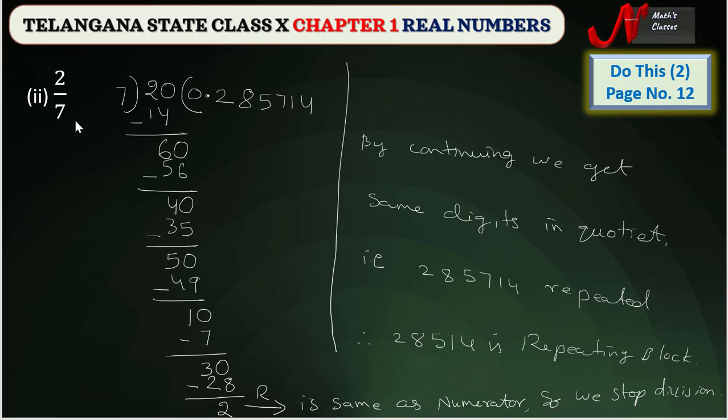So the denominator does not have 2 or 5 as a prime factor. So it is other than 2 and 5. So in the quotient we get non-terminating repeating decimals.